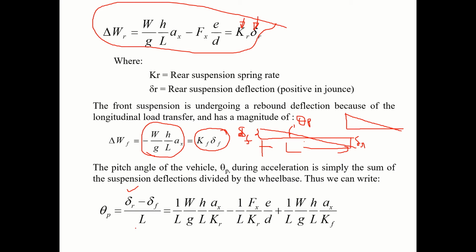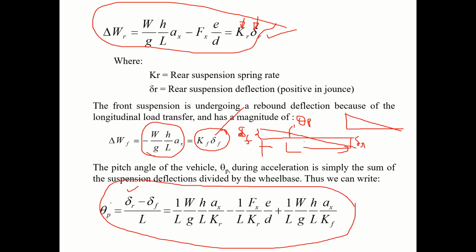Okay. So now from this equation we can obtain delta R. From this equation we can get delta F. Delta R and delta F values we can substitute. Finally, I'm going to get this equation.